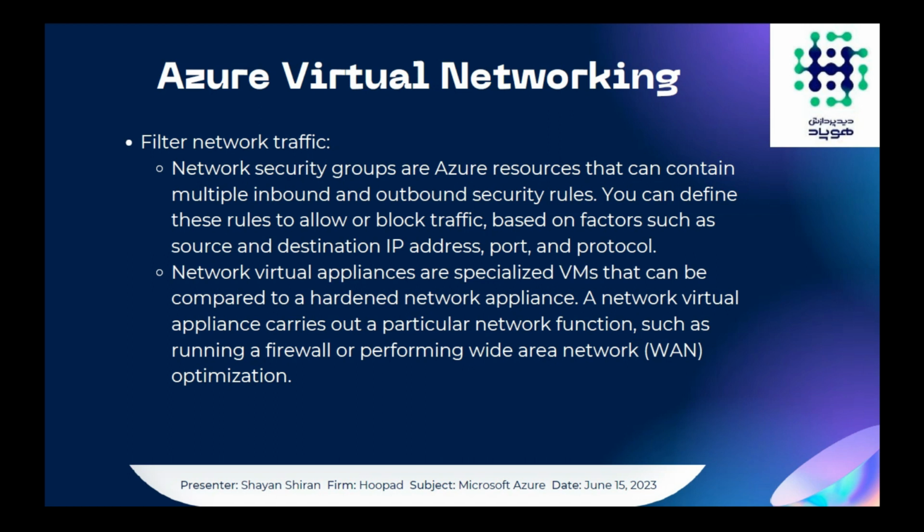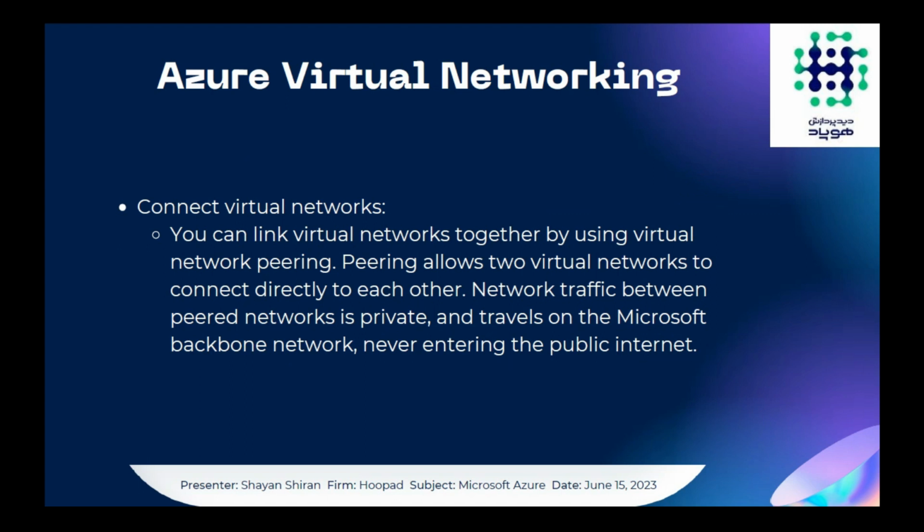A network virtual appliance carries out a particular network function, such as running a firewall or performing wide area network optimizations. These are the capabilities of Azure Virtual Networking. You can filter the network traffic in the ways mentioned here.